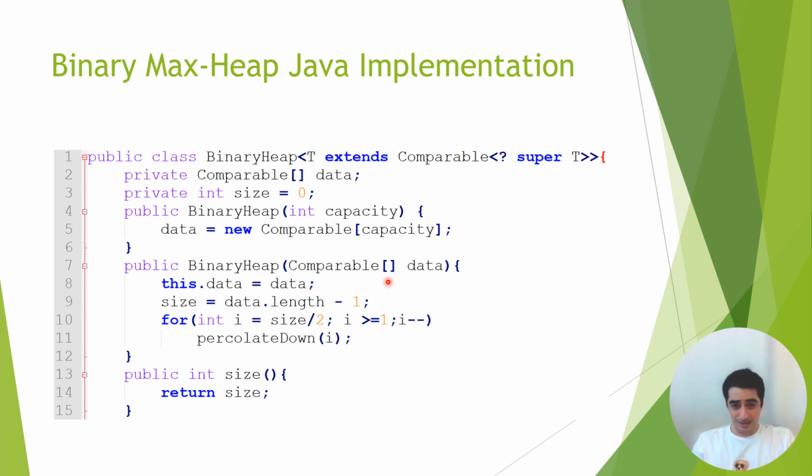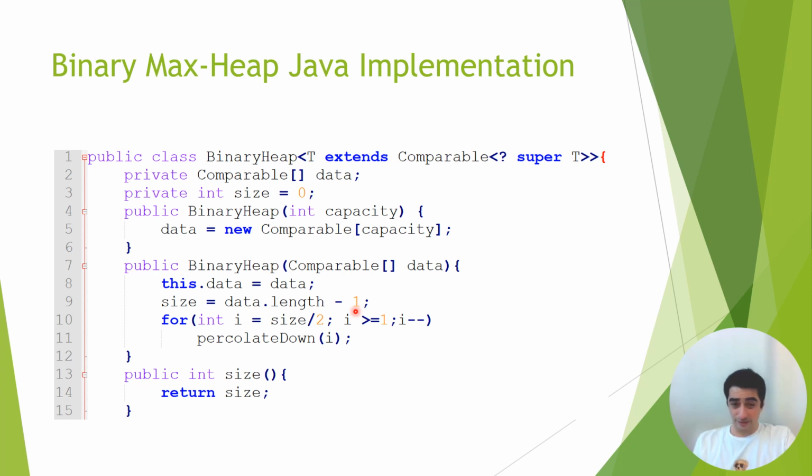It basically gets an array of comparables, and it uses that array to fill the binary heap with all the elements stored in the array. This one, which I'll explain later when I talk about heap sort, first sets the data equal to the same array. It initializes the size to be equal to the length of the data minus 1 because, as I said, the very first index is empty.